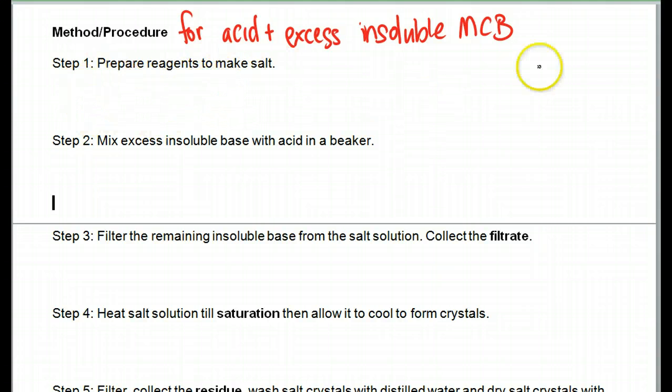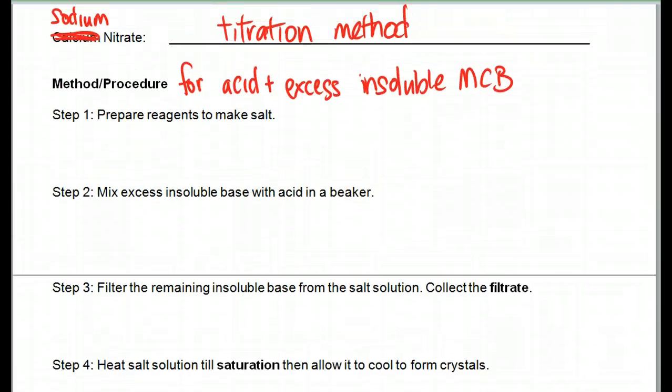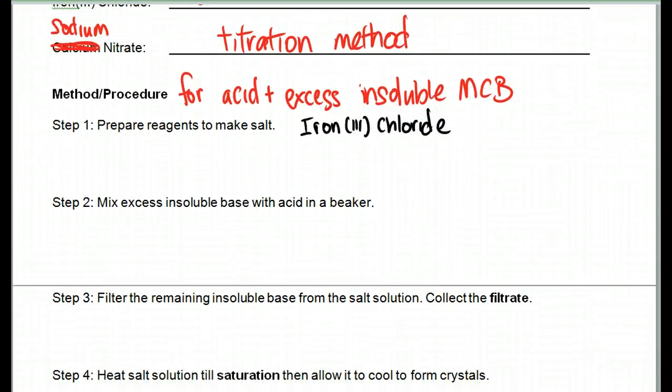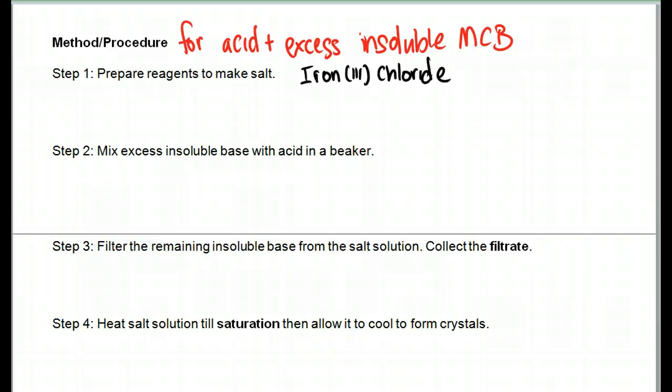So for example, if I want to make iron 3 chloride, what are the reagents that I need to use?